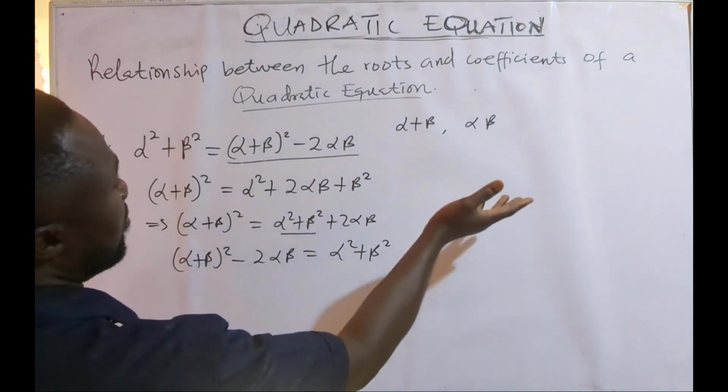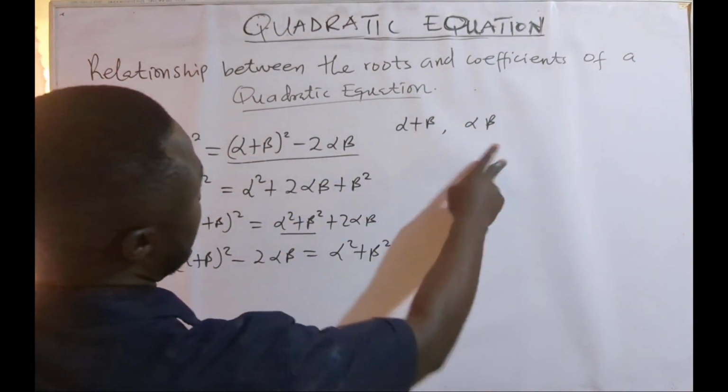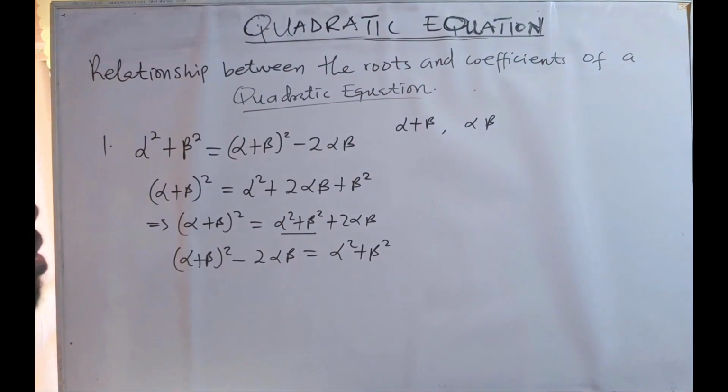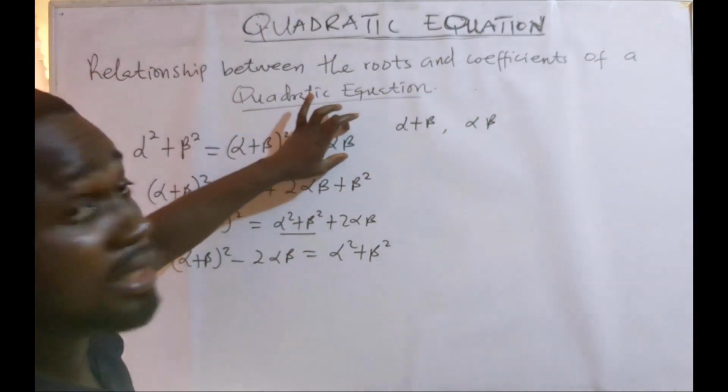If I have the sum of the roots as, let's say, 2, then I have 2 squared minus 2 times the product, if the product is 1. Because from the quadratic equation, what I can get is the sum and the product. Here is my sum and here is my product.